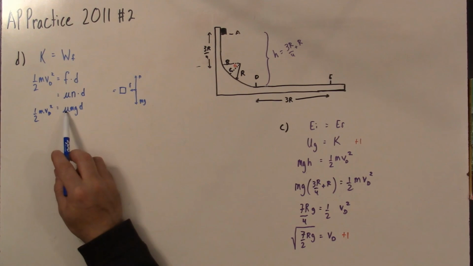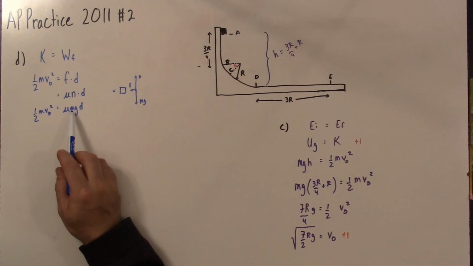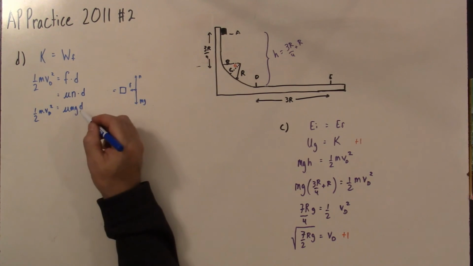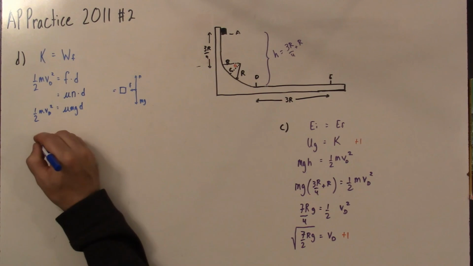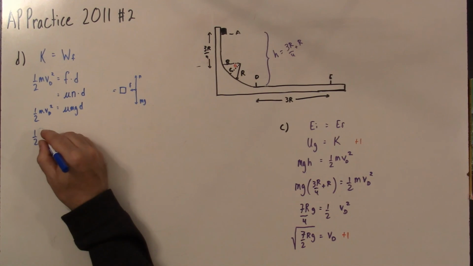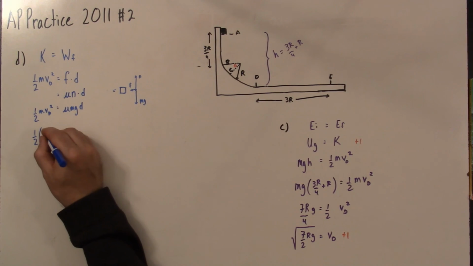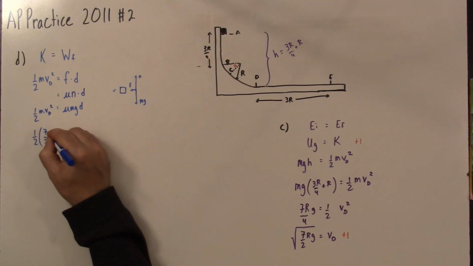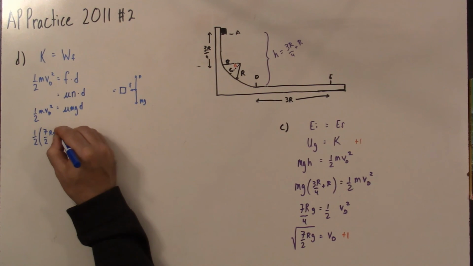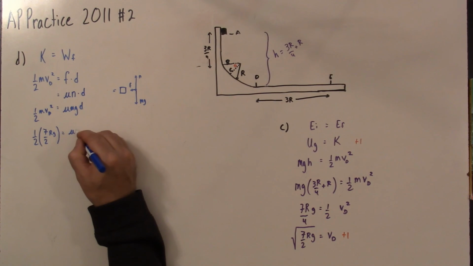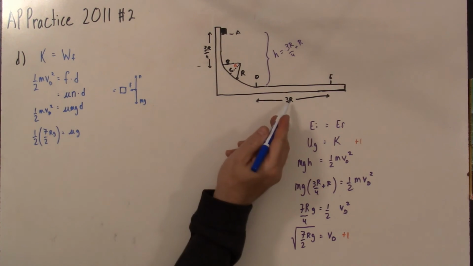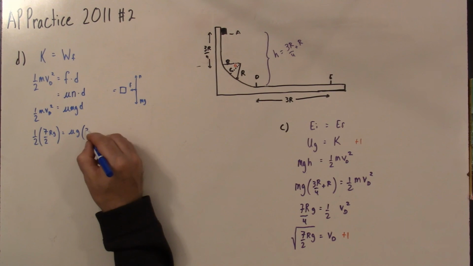I start with the kinetic energy here, 1/2 m v at D squared, and now I'm looking for mu. The m's are going to disappear. I have the v, I'm looking for the mu, I have g. I look at the diagram, the d is 3r, and I know what v at D is, so let's plug in what we know. 1/2 times v at D squared, which gets rid of the square root, 7/2 rg is equal to mu g, and the d that it slides is 3r.